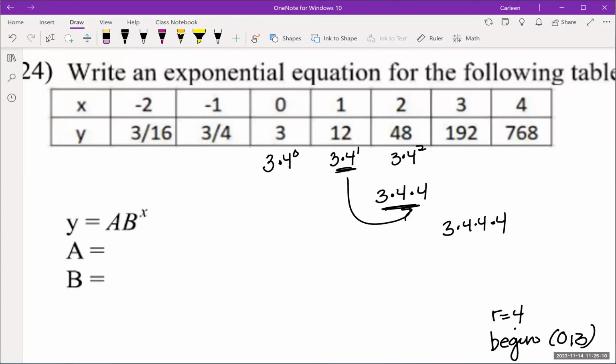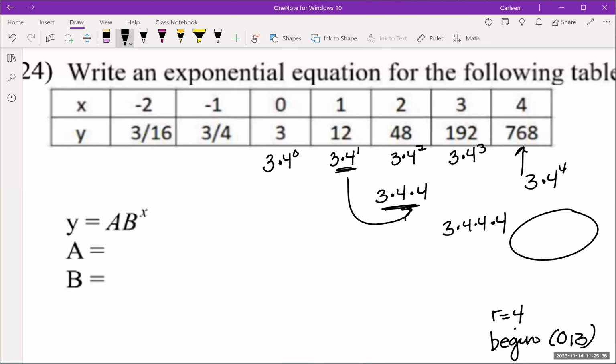That makes this 3 times 4 cubed. So now, without even doing this part, I can tell this is going to be 3 times 4 to the 4th.